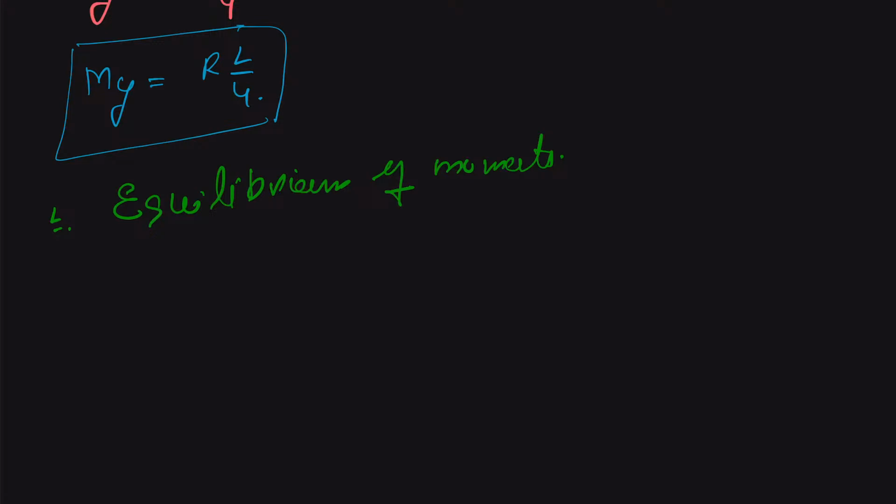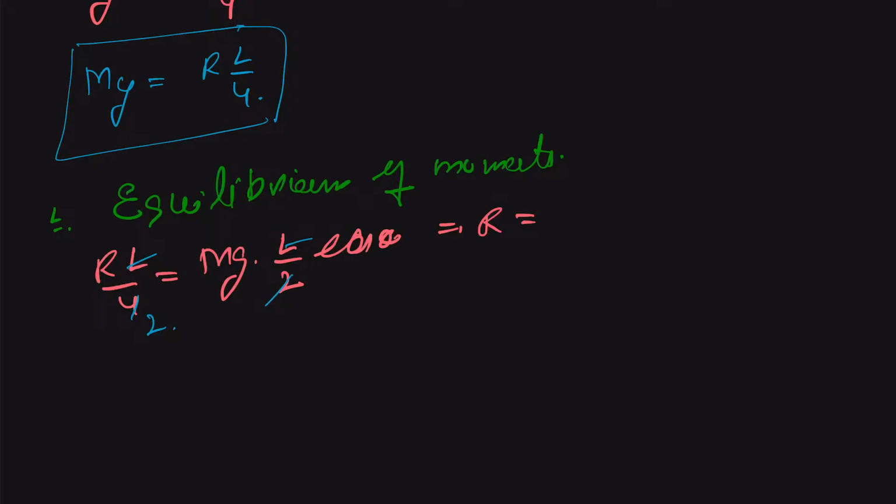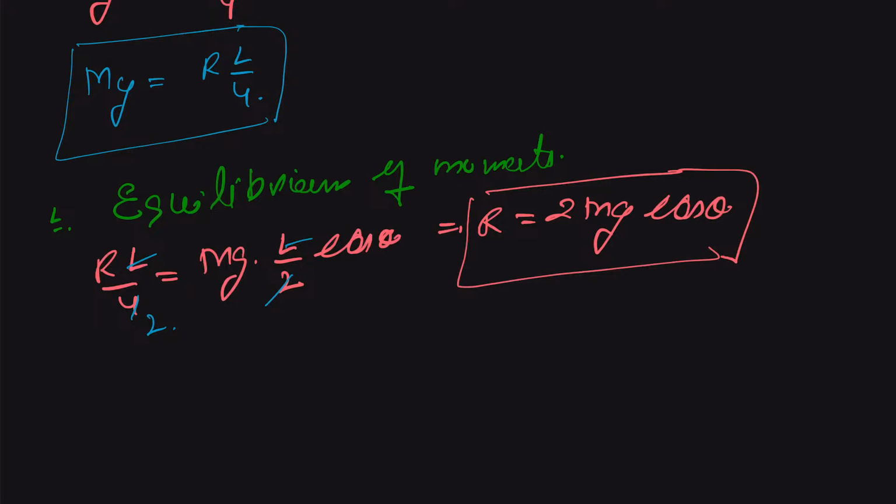Therefore we can write this as R L by 4 is equal to mg L by 2 cos of theta. So this gives us that L cancels out, 4 goes by 2. So we get that R is equal to twice mg cos of theta. And now we come to our force equilibrium.